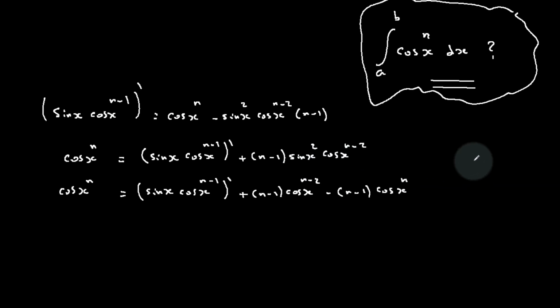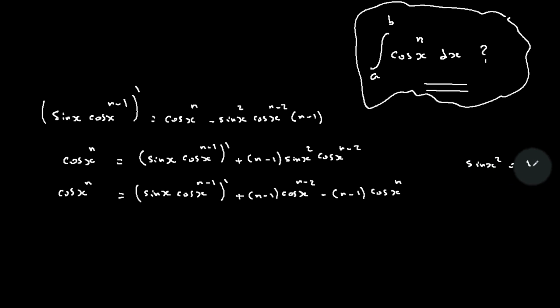Quite simply, because sine x power 2 is equal to 1 minus cosine x power 2.